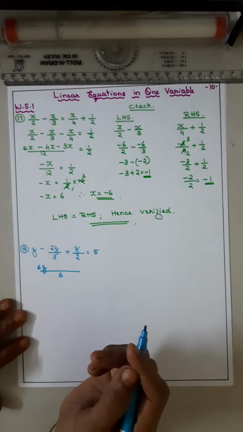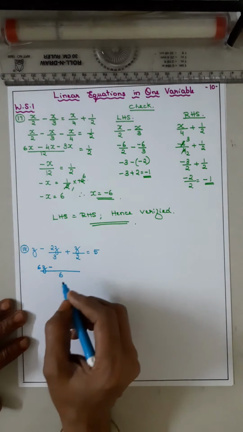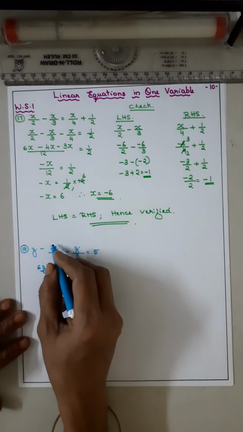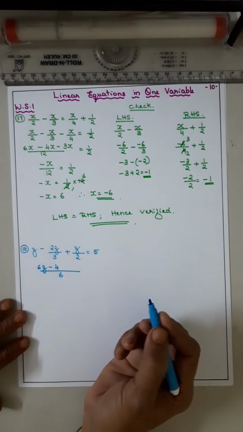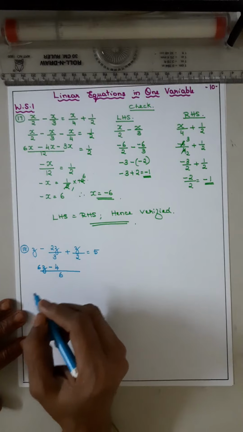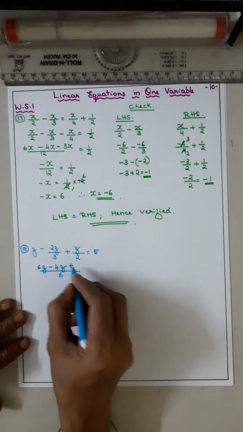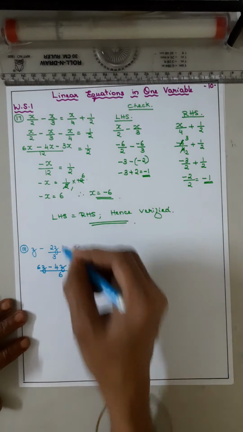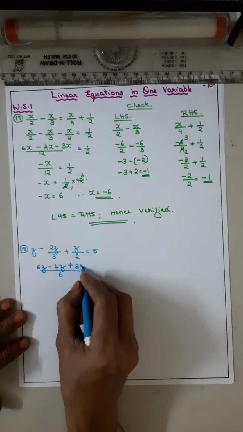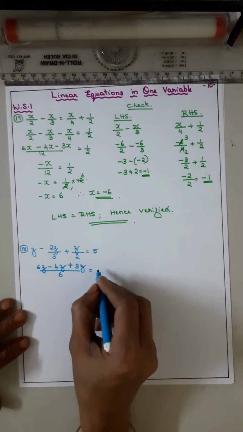Numerator will be 6z minus 3 2s are 6, 2 into minus 2 will be minus 4, 2 2s are 4z, plus 2 3s are 6, 3 into z will be 3z, is equal to 5.